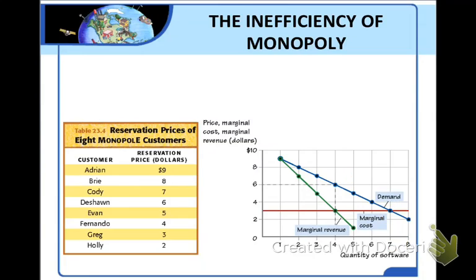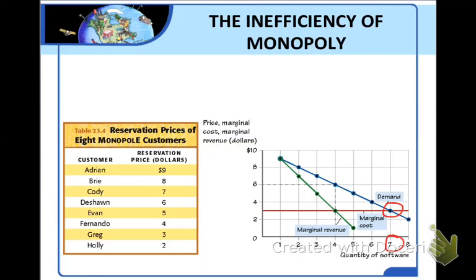Now, in a perfectly competitive market, the supply curve is based on marginal cost. You've learned that the intersection of supply and demand determines the market quantity. So a perfectly competitive market facing the same marginal cost as the monopoly in this figure would produce 7 units of output.